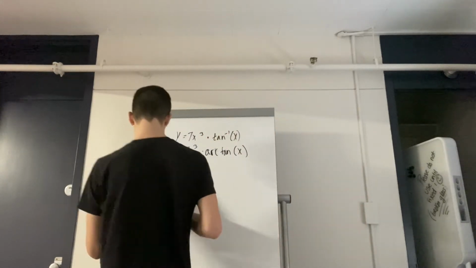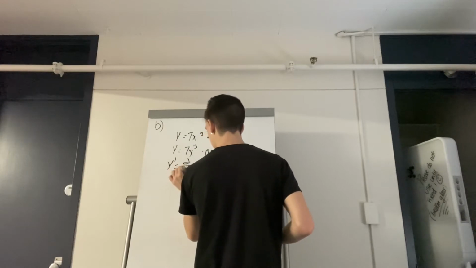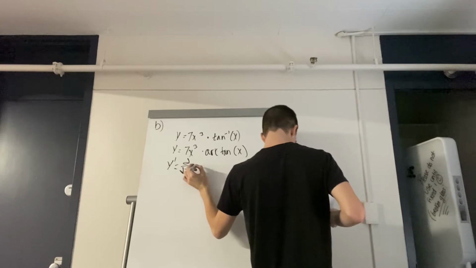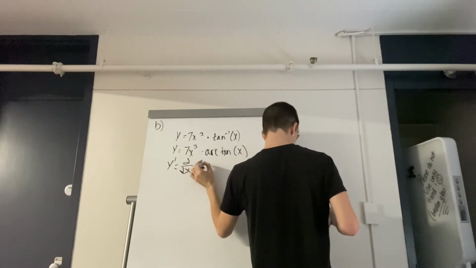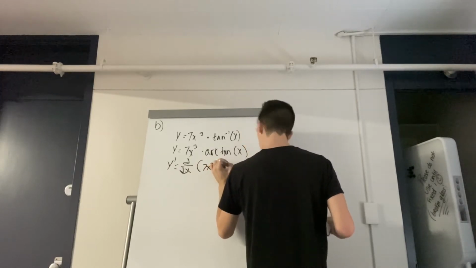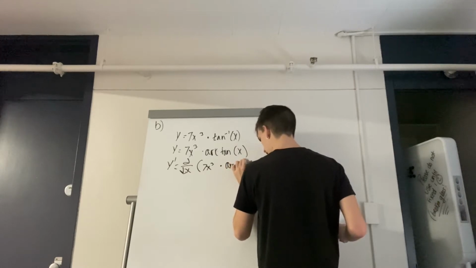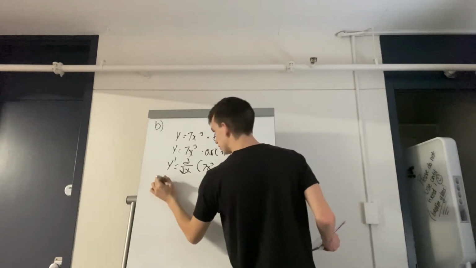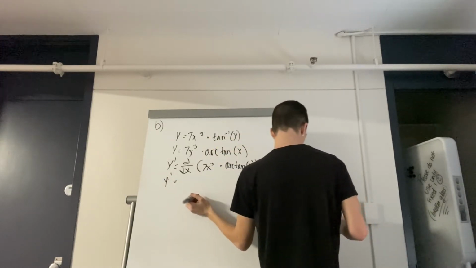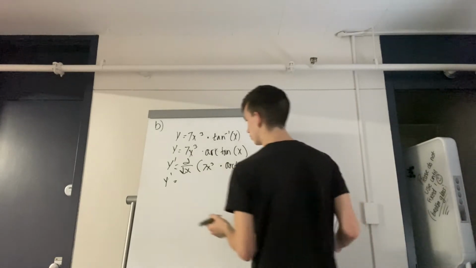From here, we will start by getting the derivative, so y prime equals d over dx of 7x cubed times arc tan x. From here, we're going to split it up using our product rule just like we did in the first problem.